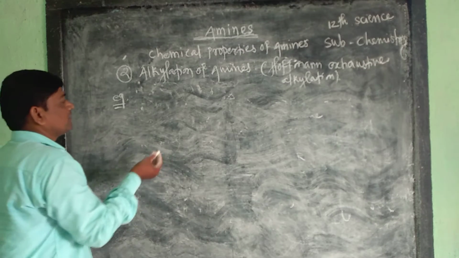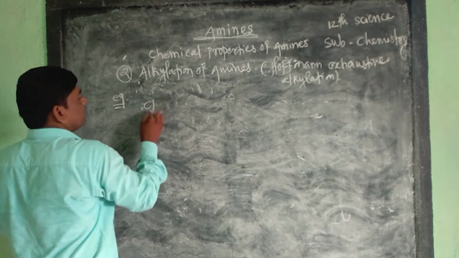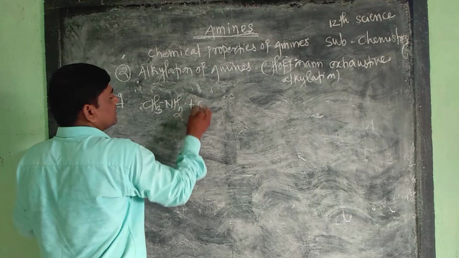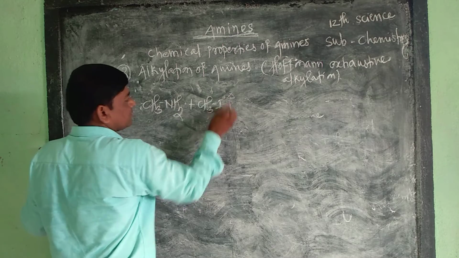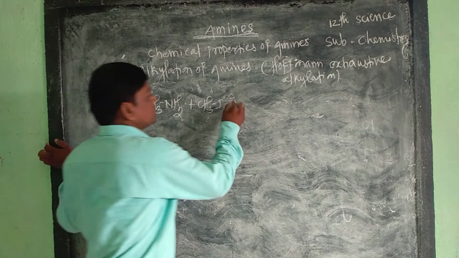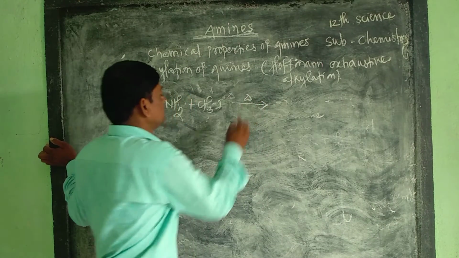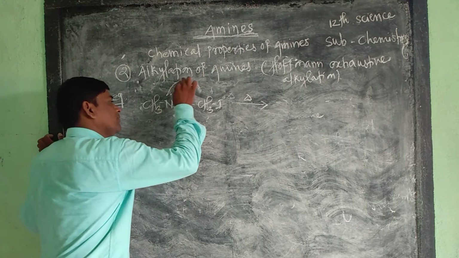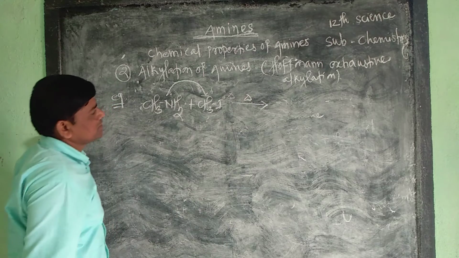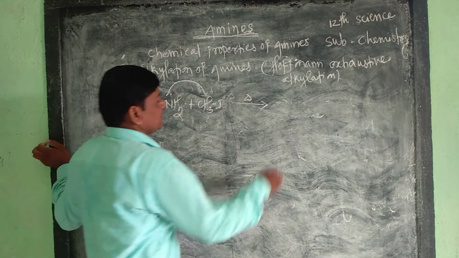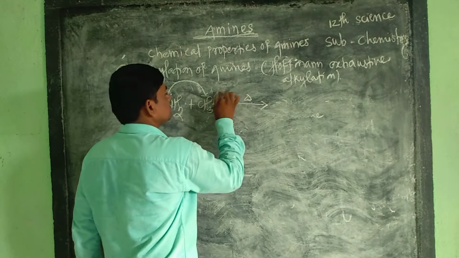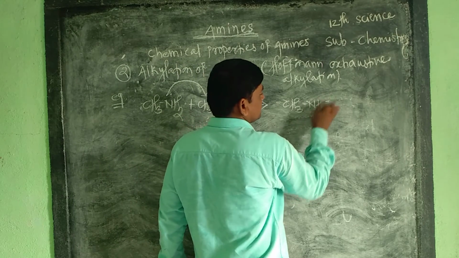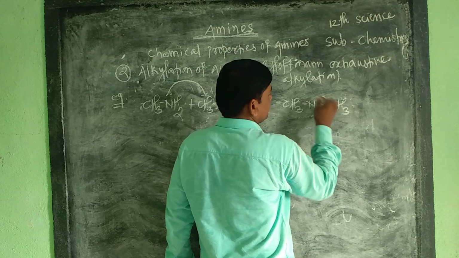Then now we have to take methylamine, the primary amine, reacted with methyl iodide, which undergoes heating to give the product. This is the nitrogen which contains a lone pair of electrons which attacks on this methyl group, and then formation of CH3NHCH3.